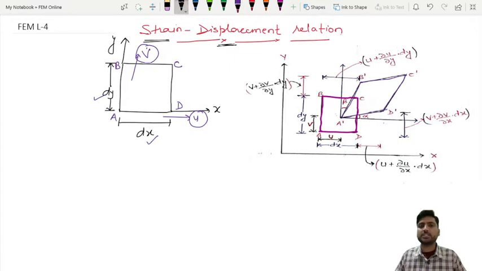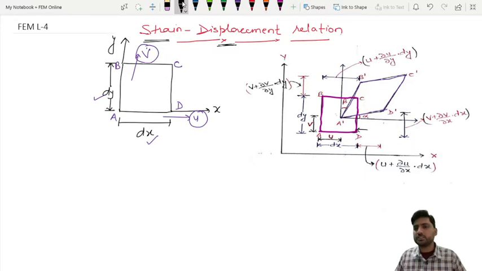So you can see here, from here to here it is the initial displacement, that is u. Now you can see this displacement from here to here. What will be that displacement that we need to find? From here to here, this portion.